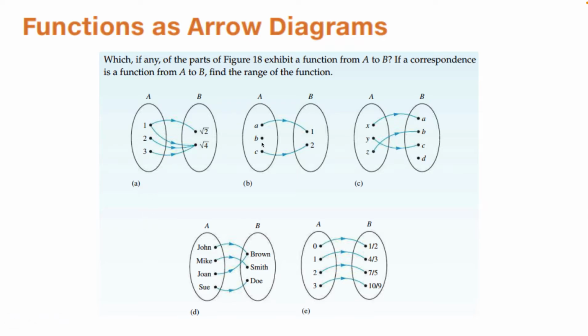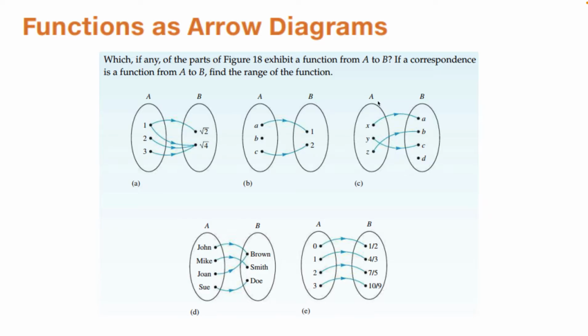How about this one? B does not have a birthday. It should have a birthday too, right? It does not have a correspondence there, so it is not a function. Part C, X has correspondence, Y has correspondence, Z has a correspondence. All of these elements in the domain have a correspondence, right?